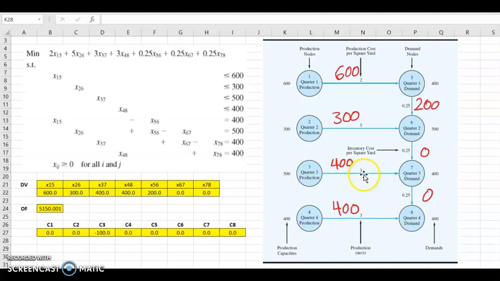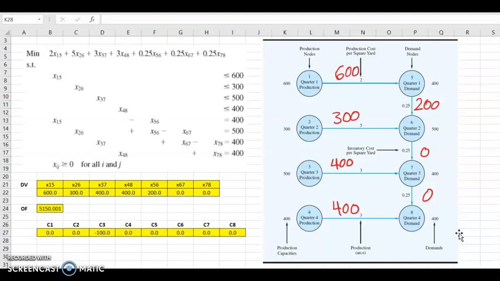Since the production cost at quarter 3 and quarter 4 are the same, and they both have the capacity to satisfy the demand in their quarters, of course there is no need to produce carpets and store them for the next quarter. I always call this the magic of math.